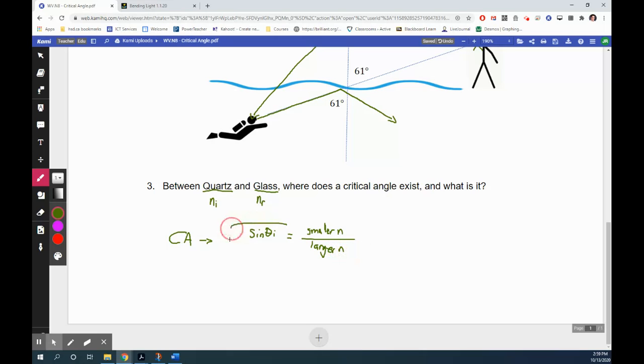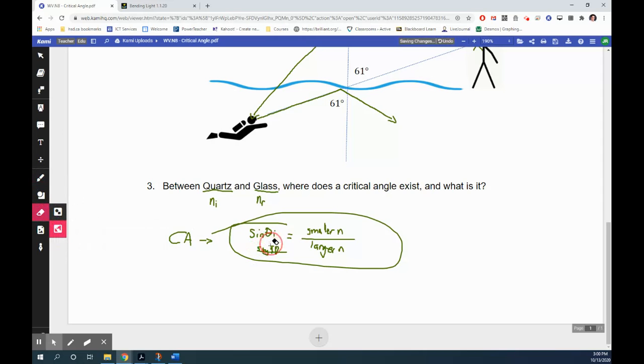All right, this is always how you set it up because we're always dividing by sine 90, which is just 1. And so we can kind of ignore that piece and just do sine theta I is smaller n divided by larger n.